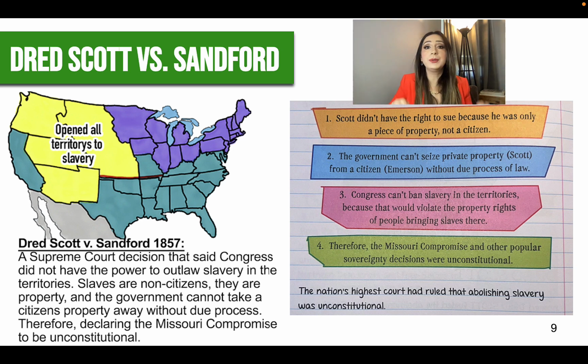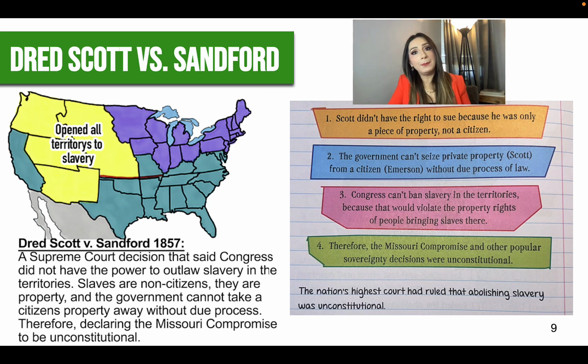That's the only reason we can take your property away. Therefore, the government cannot say no slavery allowed here, because what's happening to the property you own? They're taking it away. So let's go back. Number one decision, slaves are property, not citizens. So because of that, the government cannot take your property away without due process.